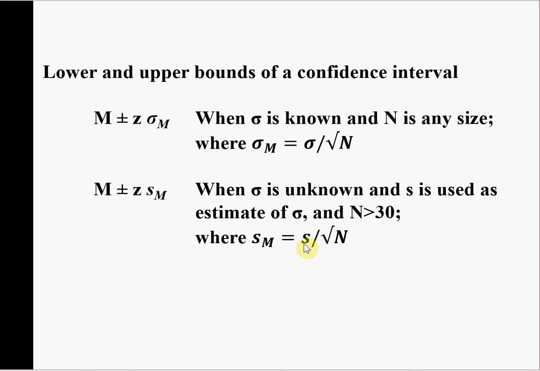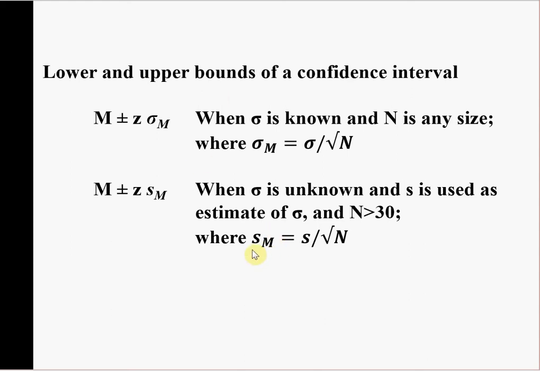The estimated standard error is calculated using this equation. This S is the sample standard deviation. Since we do not have the population standard deviation, we just use the sample standard deviation as an estimate of the population standard deviation. In the place where the population standard deviation is supposed to be, you plug in the sample standard deviation.